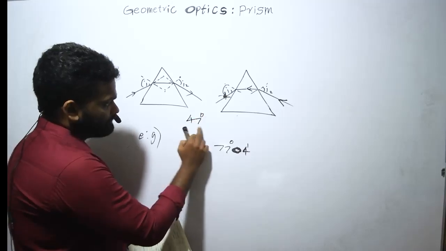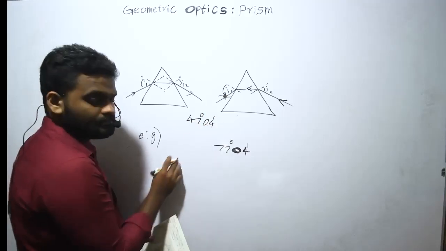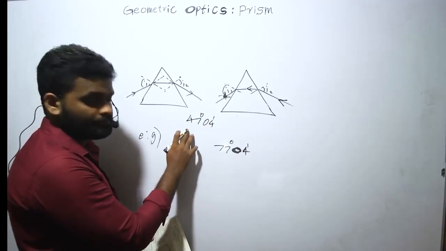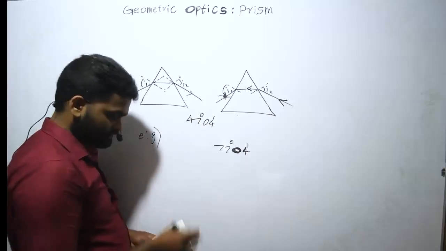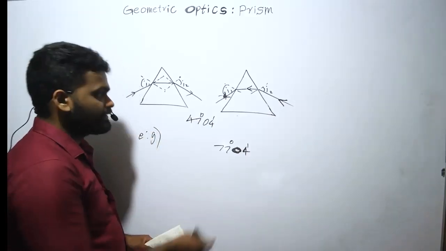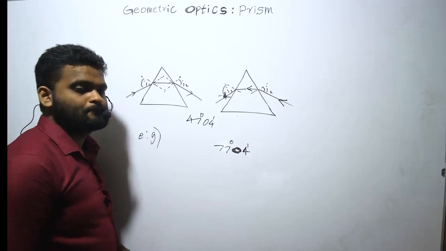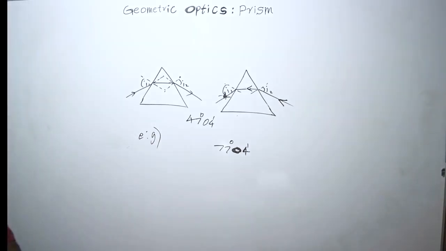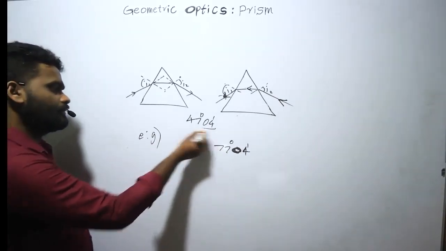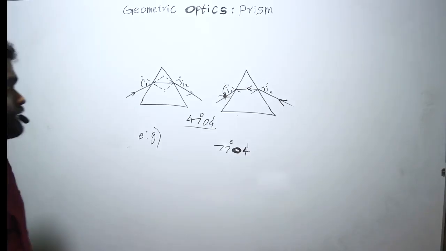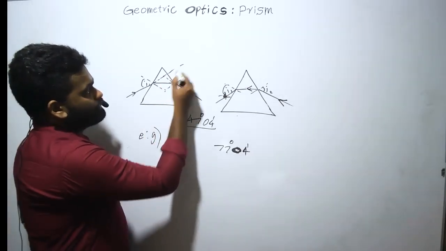So if you remember that 47 degrees 4 minutes, we found that 47 degrees 4 minutes in both cases. So here we have the angle of deviation.